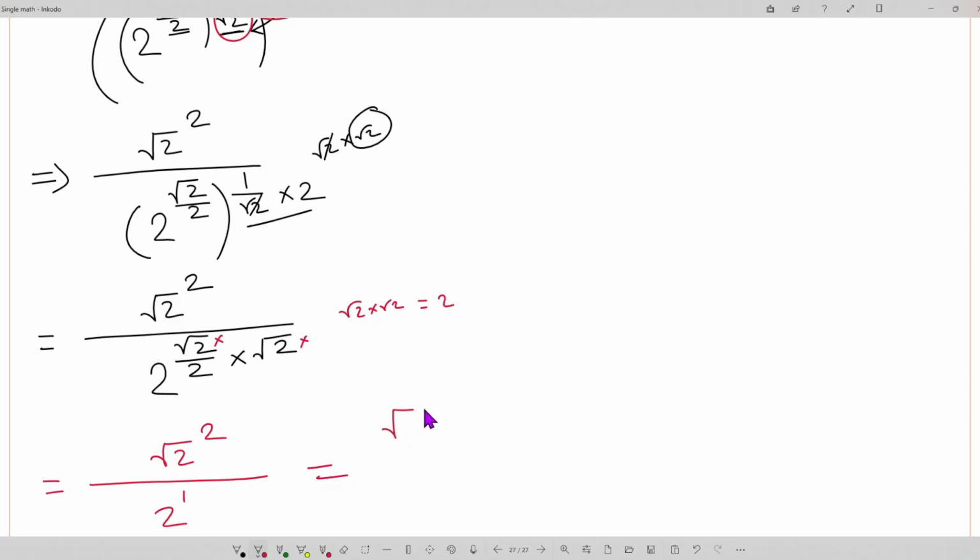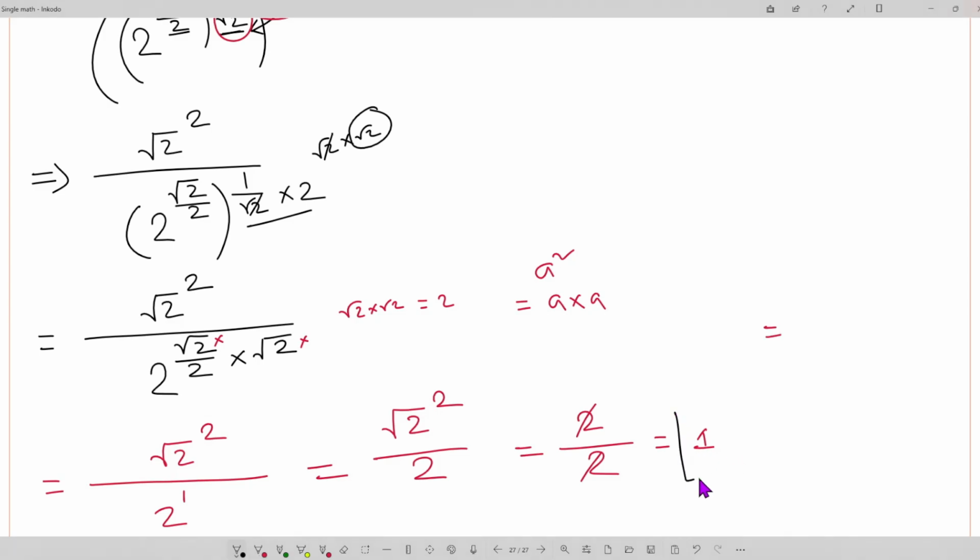Here is root 2 to the power 2 divide 2. Now look, we know a square means a times a. Similar, root 2 square means what? Only 2, right? And here is 2. So 2 divide 2 equals to 1. Very simple. So our required answer is 1.